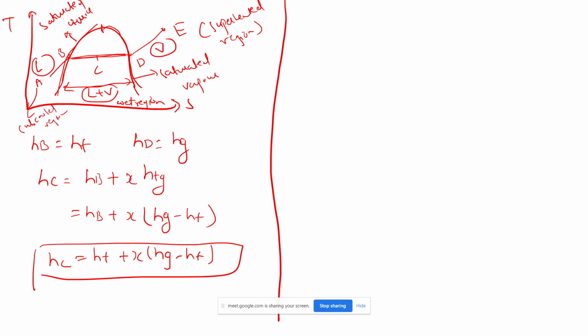For the superheated region, HE is equal to Hg plus Cp of vapor into T superheated minus T saturated, that is TE minus TD.